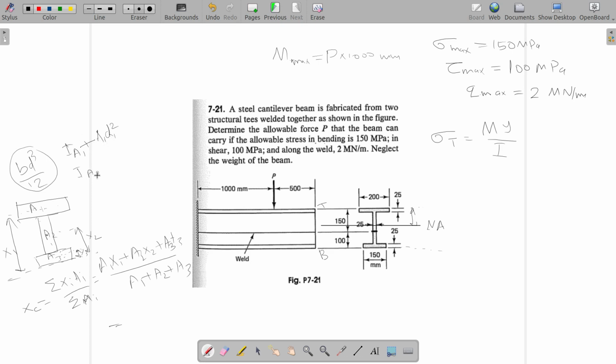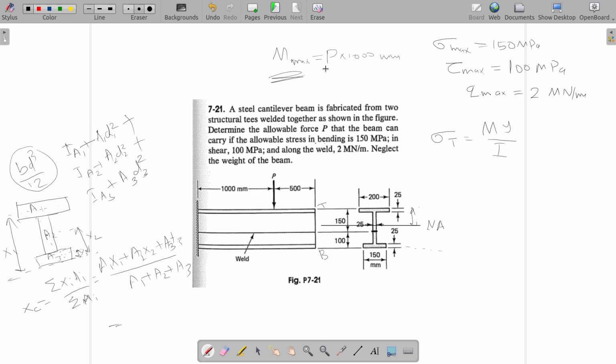Similarly, IA2 plus A2 D2 squared, and IA3 plus A3 D3 squared. So from these formulas you will calculate the area moment of inertia of the individual areas about the neutral axis, and add all three, and you will get the total I.